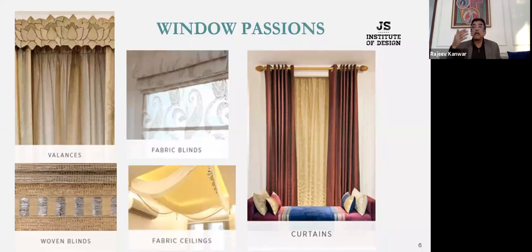For example, if we have put 3 levels of curtains, one is a regular curtain, one is a sheer curtain, and then you've got a blackout curtain or a blind. And you've got a huge window in 3 or 4 partitions.